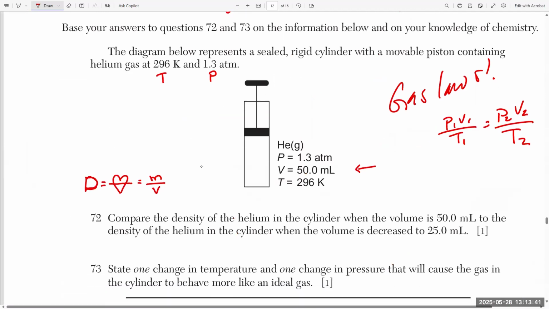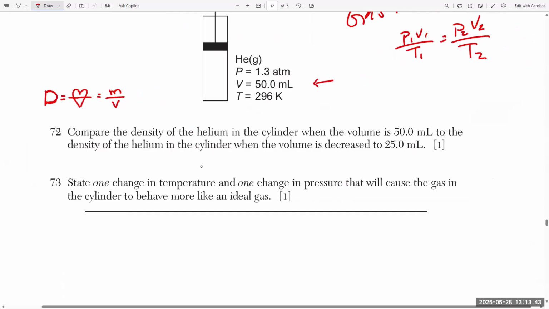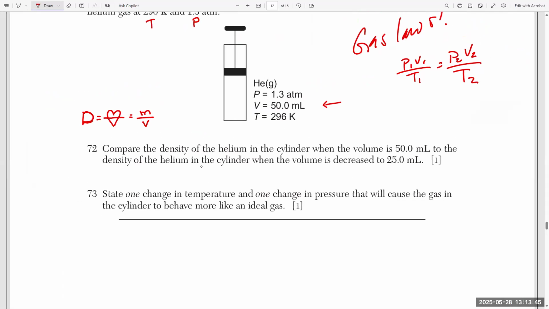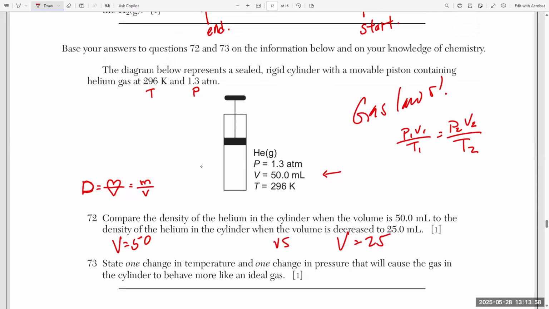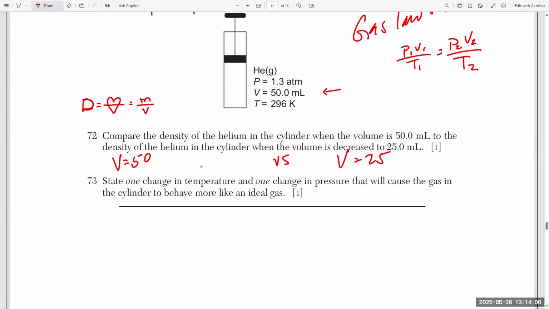So going back here, what do we know? Well, look, volume equals 50 versus volume equals 25. What are we doing here? You're going to take the same mass. Mass is the same. Did they tell us a mass? They didn't, but you know the mass is the same. We're not changing the mass.